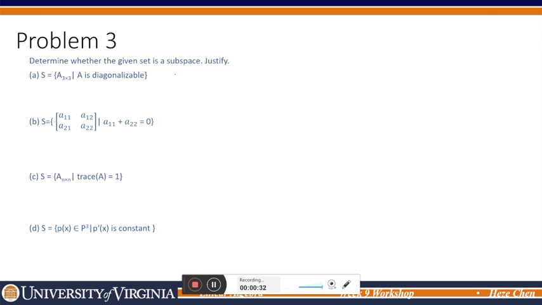Here's a counterexample. If we have [2, 1, 0; 0, 1, 1; 0, 0, 0], which is a diagonalizable matrix, and we have another one, [-1, 0, 0; 0, 0, 0; 0, 0, 1].